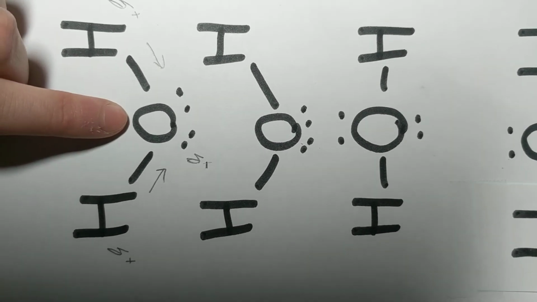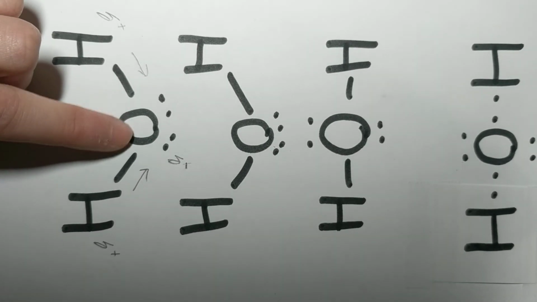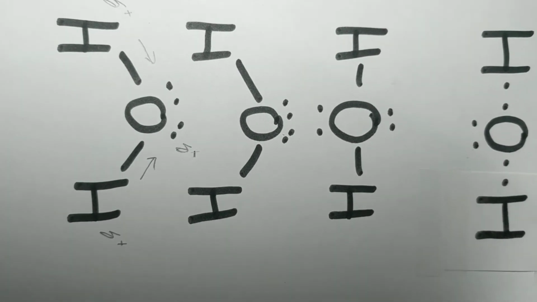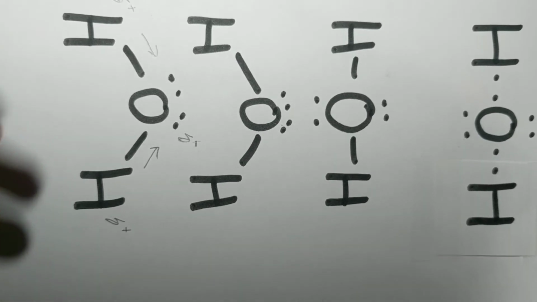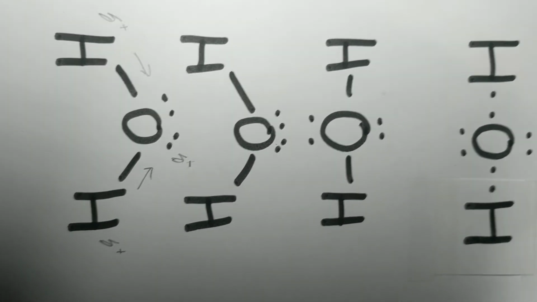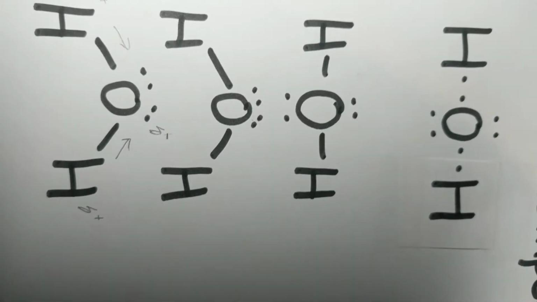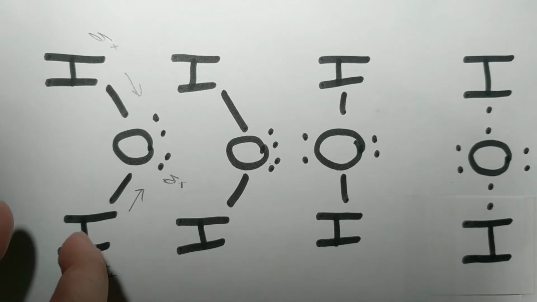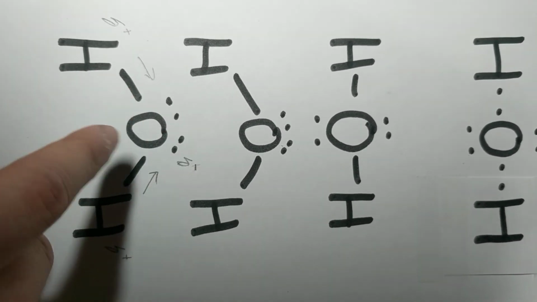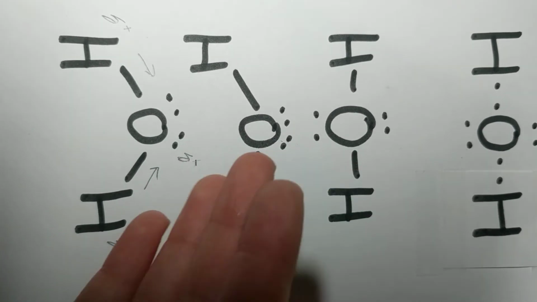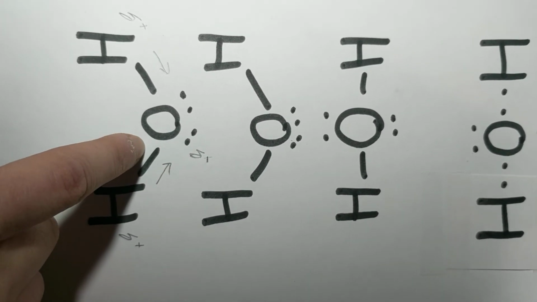So we know that this one is going to have the partial negative charge because it has a higher electronegativity, whereas these ones are going to be partially positively charged, because most of the shared electrons are more attracted to the oxygen atom.